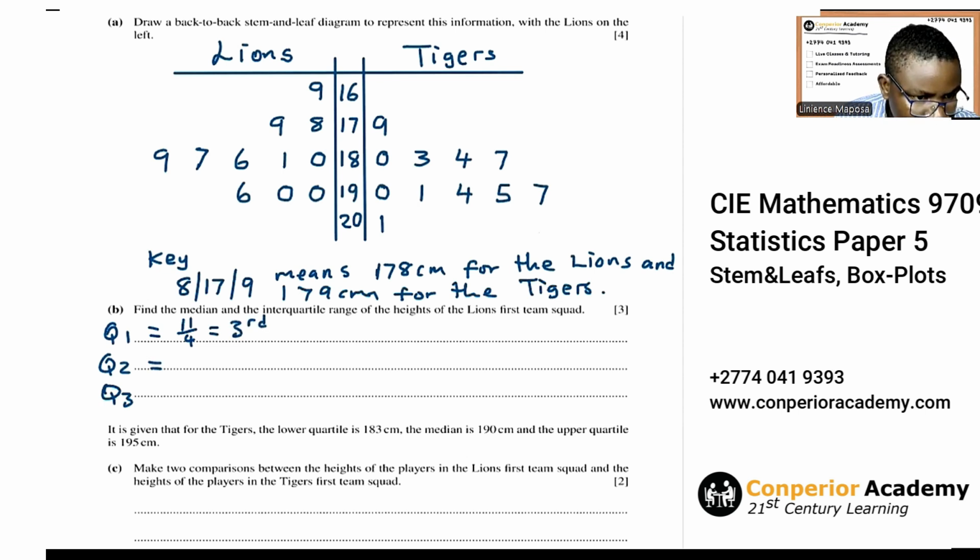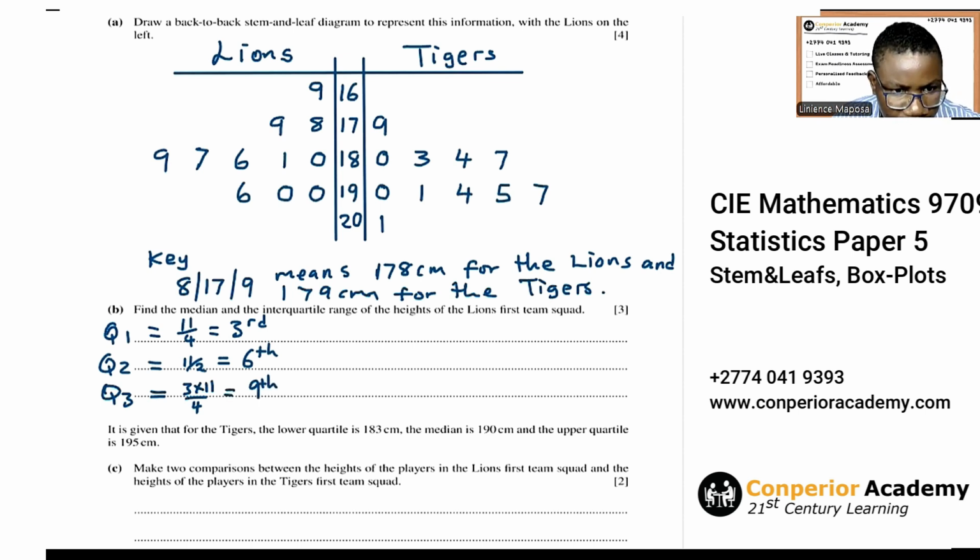Then with Q2, I have 11 over 2, which will give me 5.5, which is the 6th value. And then 3/4 of 11 is 8.25, which means this is going to be the 9th value.